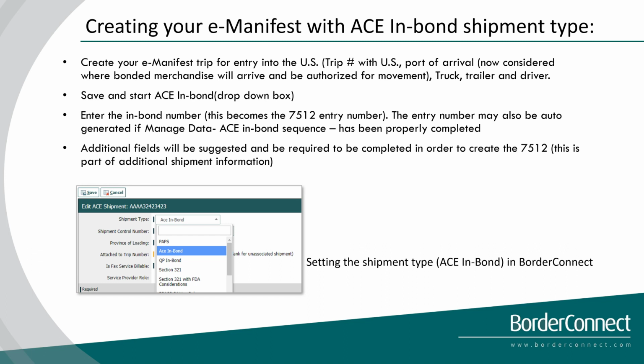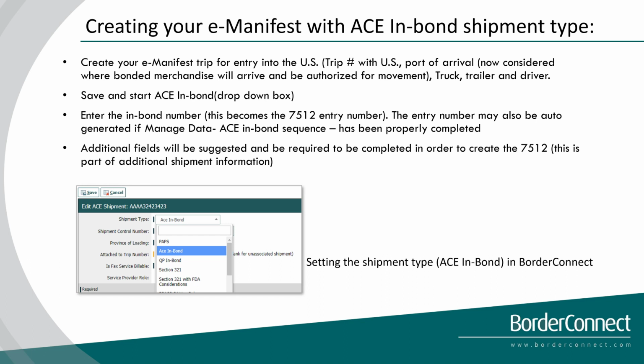There would still be a trip number with a U.S. port of arrival, now considered where that merchandise is being authorized for movement. You would still include truck, trailer, and driver information. You would save and start the ACE in-bond on the drop-down box, enter the in-bond number, and that becomes now the 7512 entry number.